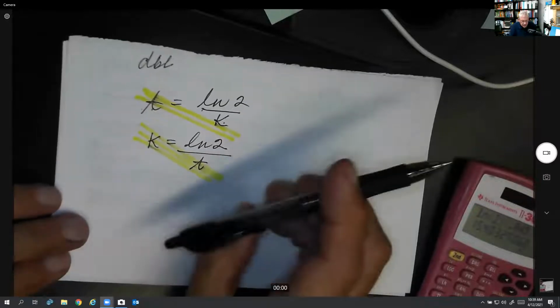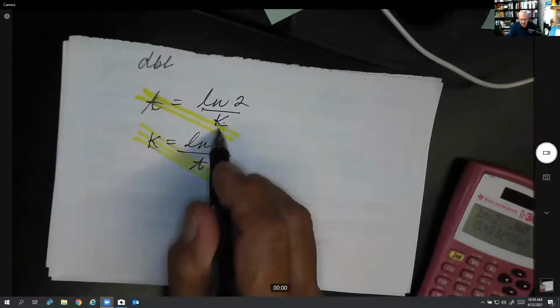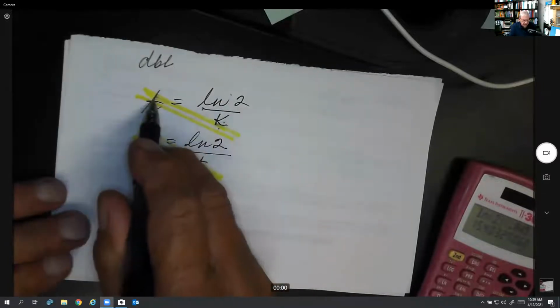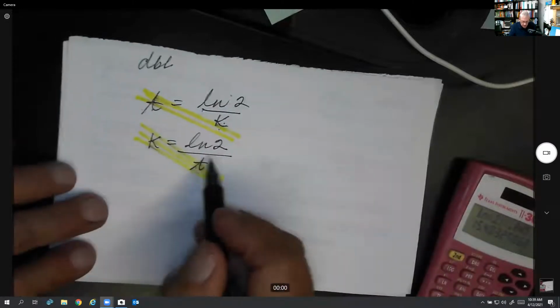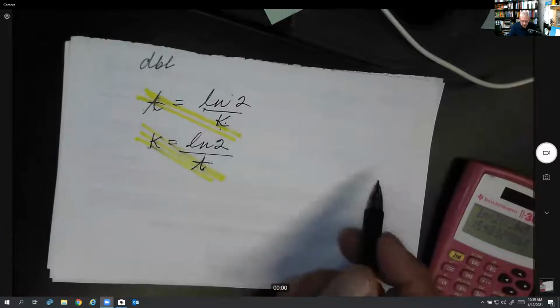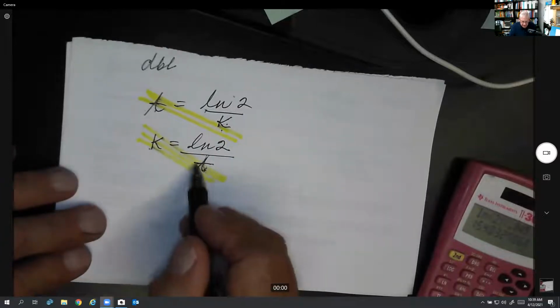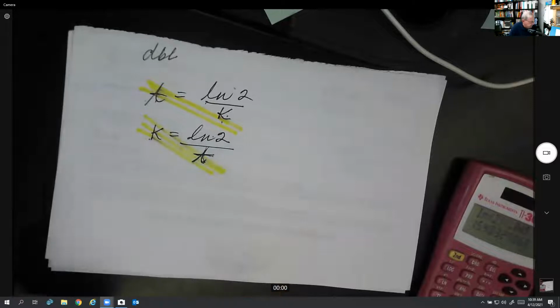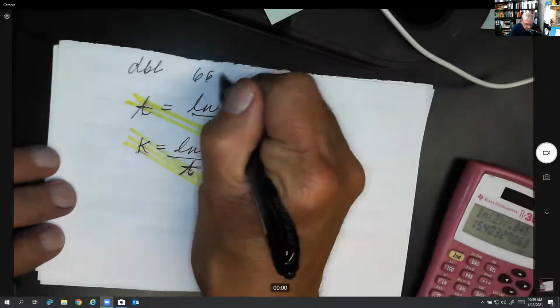So if you knew the rate of interest and you want to know how long it's going to take to double, or if you know how long it takes to double and you're trying to figure out the rate at which it's doubling, just take ln2 divided by the time, and it'll save you quite a bit of work. This is kind of on 662, they kind of show this.